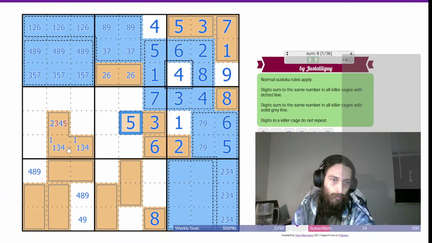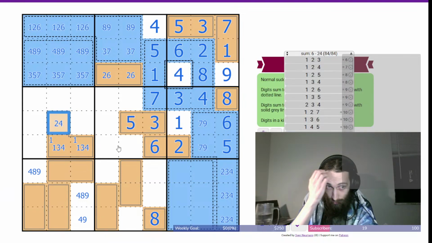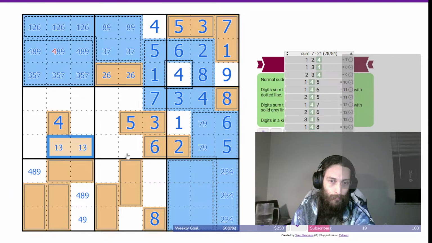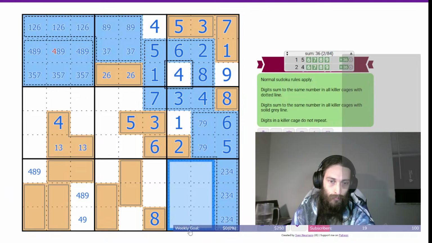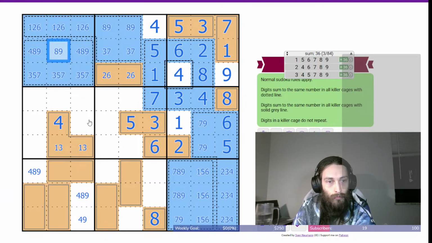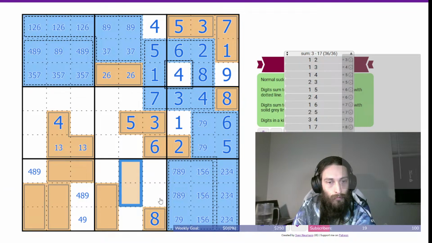This is a 3. That's a 5. 3 and 5 are gone. So this must be 1, 3, 4. So this is a 4, and that's a 3 pair. The couplet in the middle of box 8 can't be 3, 5, or 2, 6, so it's 1, 7.